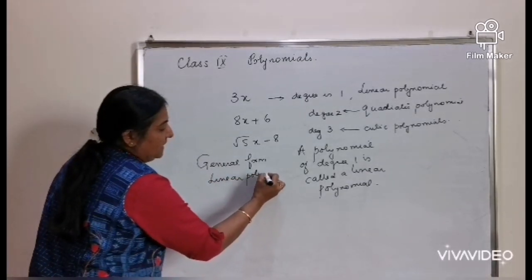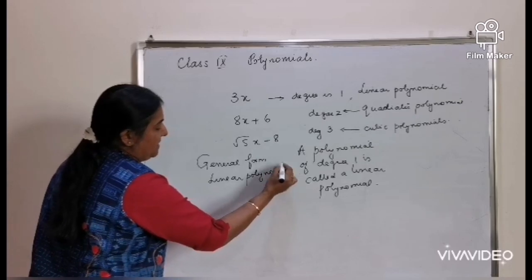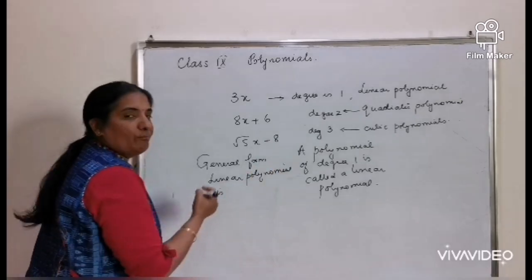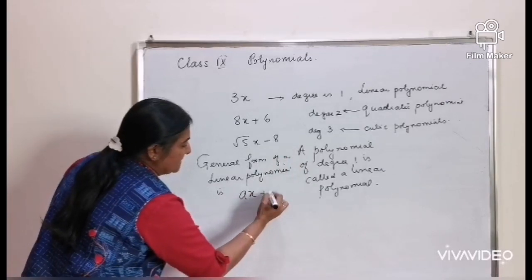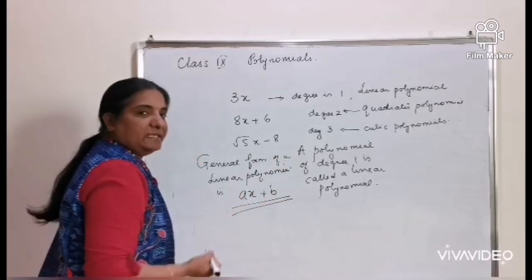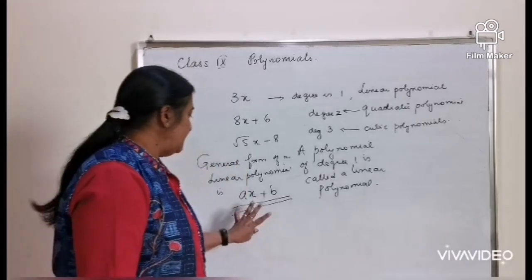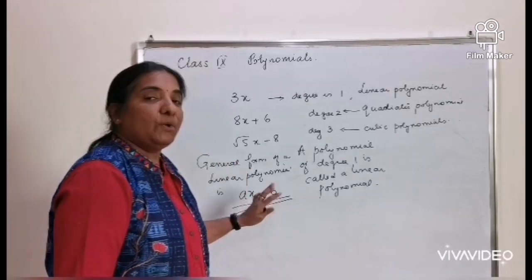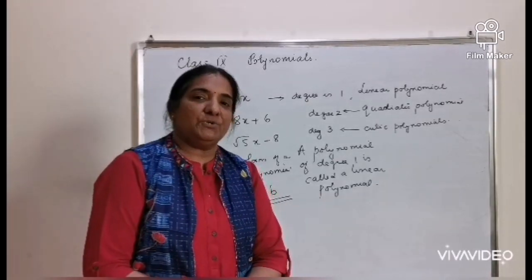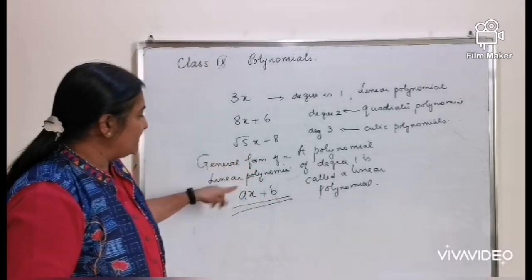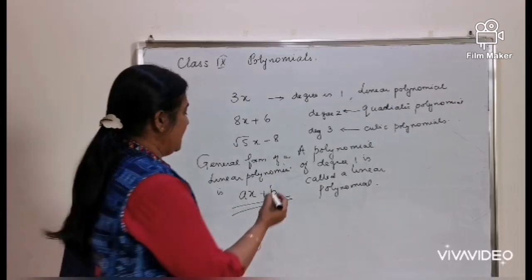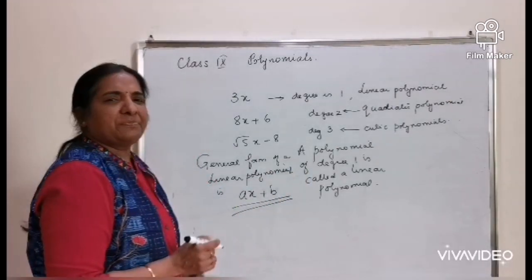By replacing the numbers with A and B, the general form of a linear polynomial is ax plus b. The general form always contains plus, but when you write the terms, you can separate the terms with their sign. So the general form of a linear polynomial is ax plus b.